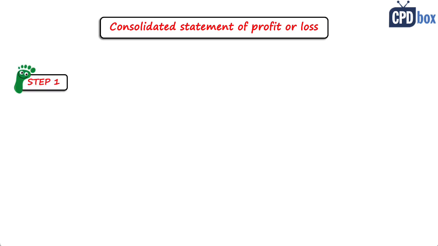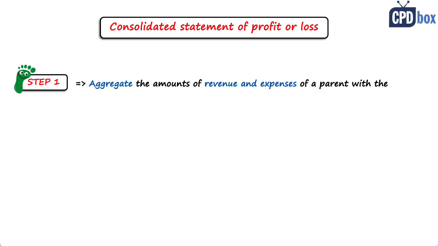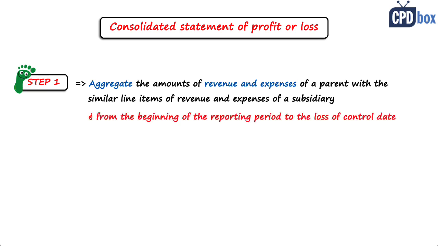Fine. We have done most of preparations for our consolidated profit or loss, and let's do it in 3 steps. The step number 1 is to aggregate the amounts of revenue items and expenses of the parent with the similar line items of revenue and expenses of a subsidiary. So we are just going to combine them, but let me warn you here. You will do so from the beginning of the reporting period until the date when the control was lost.